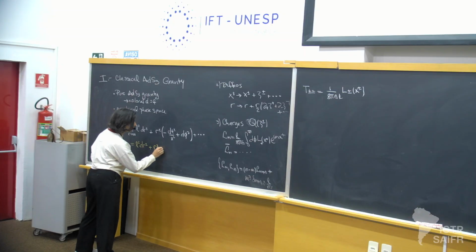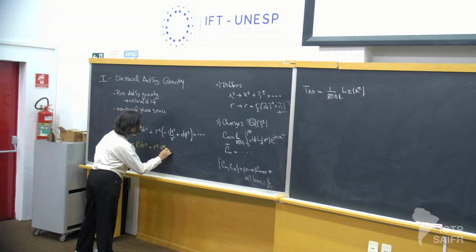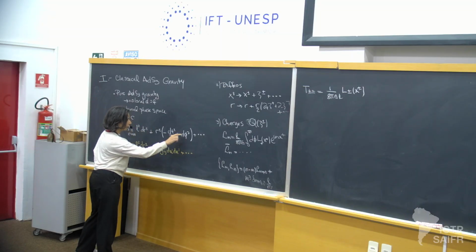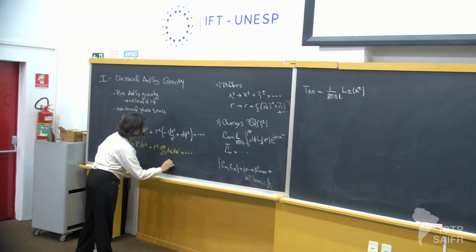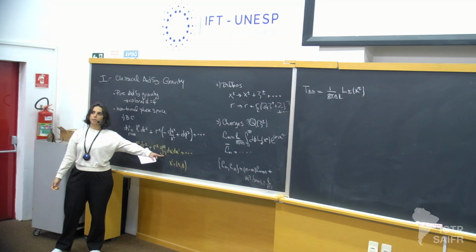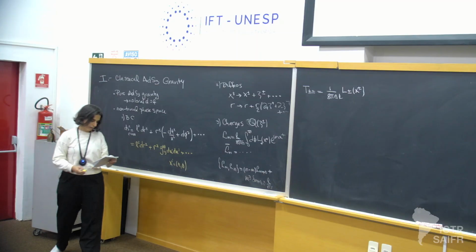You can generalize this discussion to write here any g_ij, where i and j are basically running through t and phi. Okay, so you can put any metric that you want here.